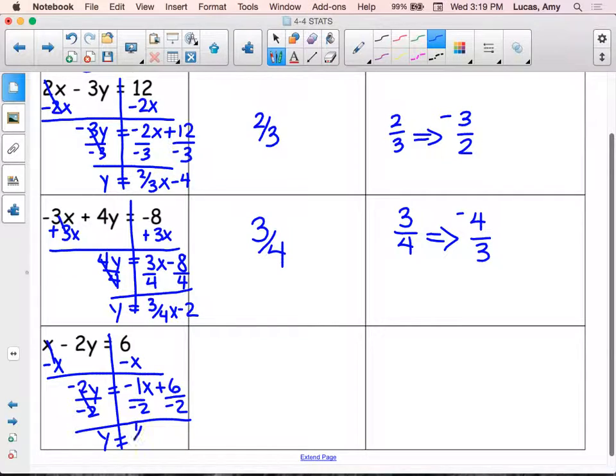So it will reduce to +1/2, and then the intercept -3. So parallel slope would stay 1/2, and perpendicular would flip and change. So -2 would be the perpendicular slope. So be careful with your signs, and if you need to do the rewriting, take your time on that.